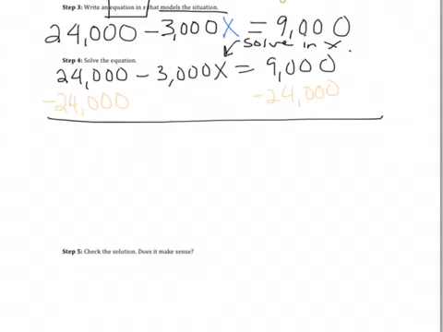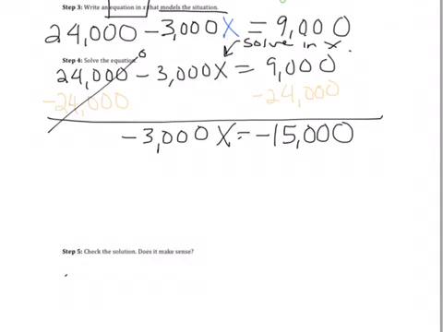This is what we've been doing with the other equations. Okay, so that's 0, which we want. So we have negative 3,000 X equals, and then $9,000 minus $24,000 gives you negative $15,000.